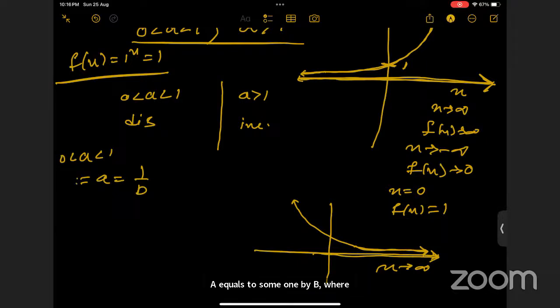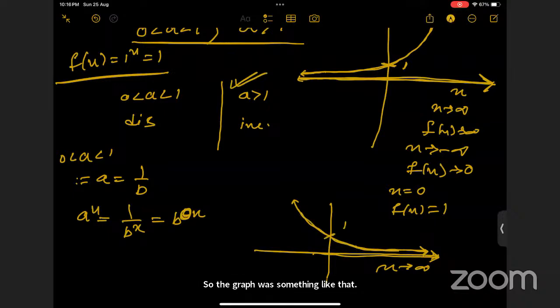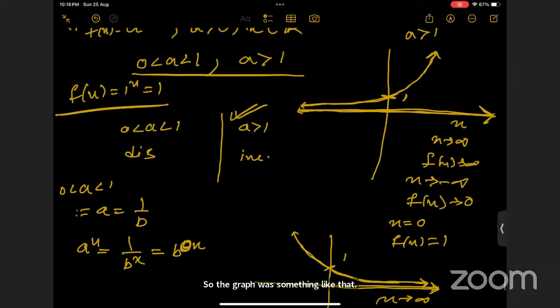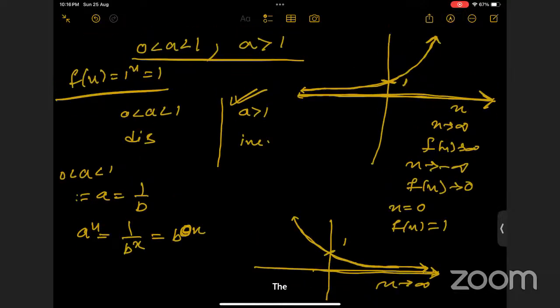So a power x means 1 by b power x. That means b power minus x, right? So because of this minus sign, everything was just opposite to this case. So the graph was something like that. The y-intercept was again 1. So this was the graph for the exponential function, right?